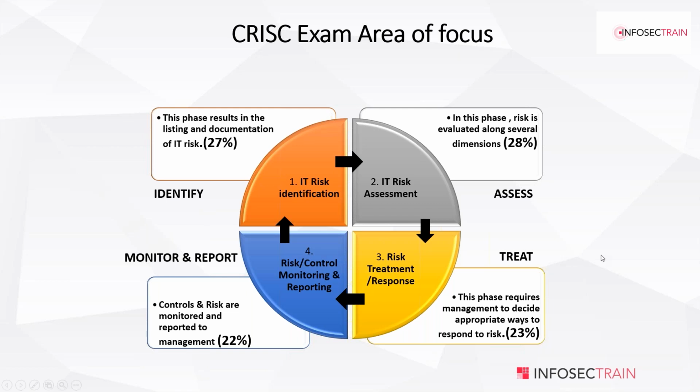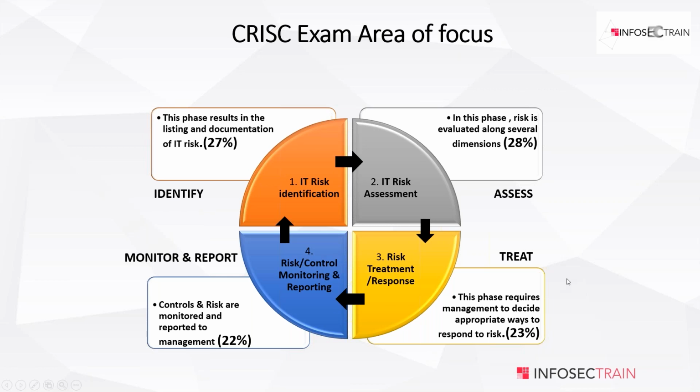Then it moves to the next: whatever risks that we have identified, how to assess them. So how to evaluate them, how to analyze them. In this phase, risks are evaluated along several dimensions: external forces, internal forces, various stakeholders, and so on. It represents around 28% of overall exam weightage.